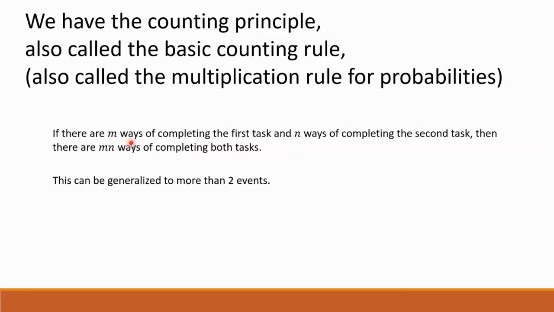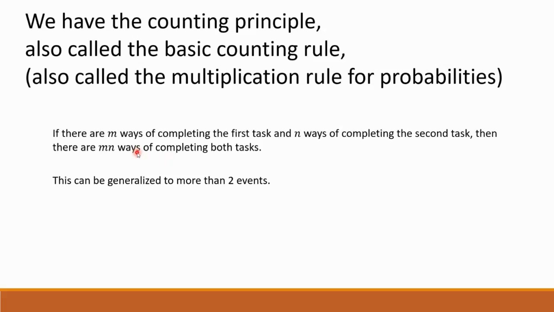By complete, we mean the number you get when you roll. The second task would be flipping a 2-sided coin and observing whether the coin lands heads up or tails up. Then there are m times n ways of completing both tasks.